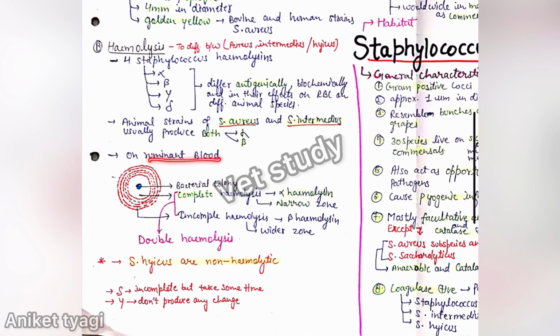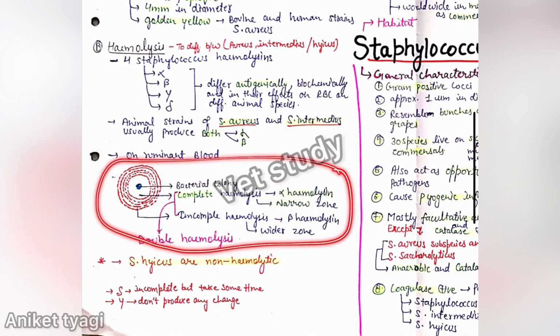Basically, on ruminant blood, this is the bacterial colony, and these bacteria produce 2 types of hemolysis. The first is complete, and the second is incomplete. The complete hemolysis is produced by alpha hemolysin, or you can say the toxin, and the incomplete one is produced by beta hemolysin. Alpha produces a narrow zone of hemolysis, and beta produces a wider zone of hemolysis.